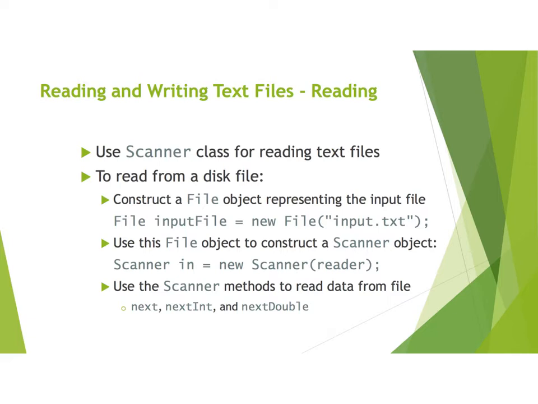So after constructing the File object representing the input file, then we can construct a Scanner. So the first step is to construct a File object. How can we construct a File object? You need to use this syntax. File, the name of the variable, in this case inputFile, and you set it equal to a new instance of the File class.